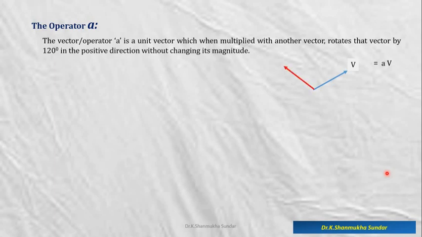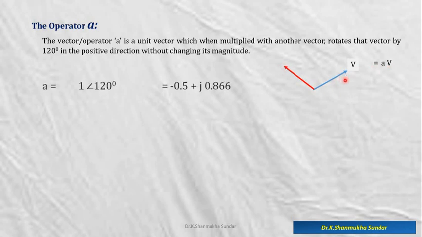Now this is the red line we are seeing. So when we multiply this V with A, it will rotate this vector by an angle of 120 degrees. So this is your AV, this is your V.